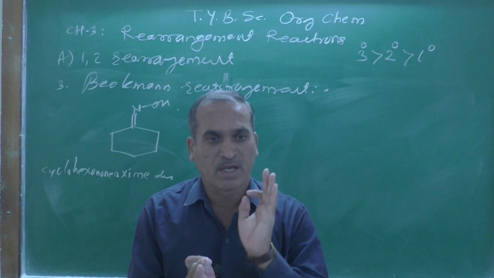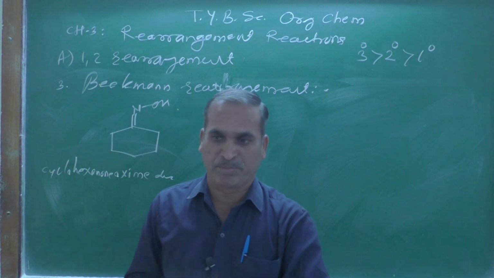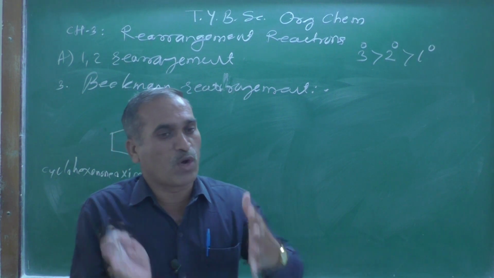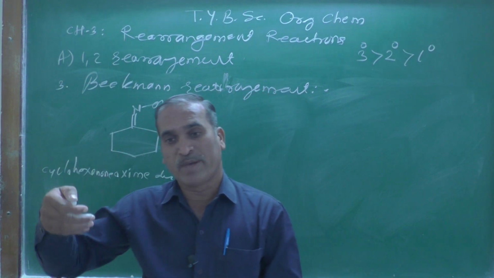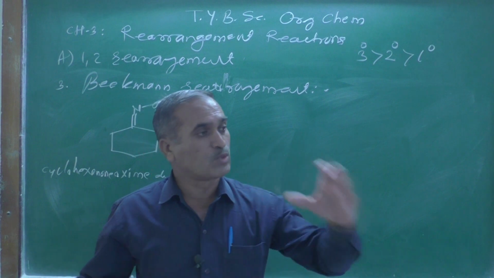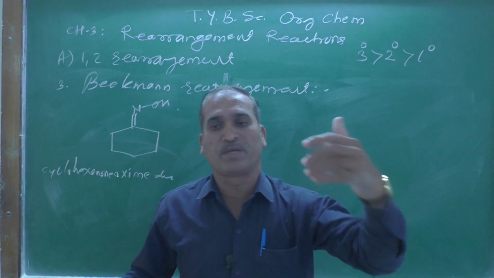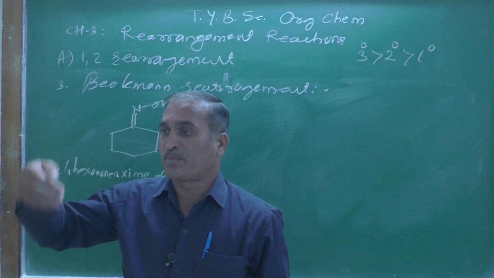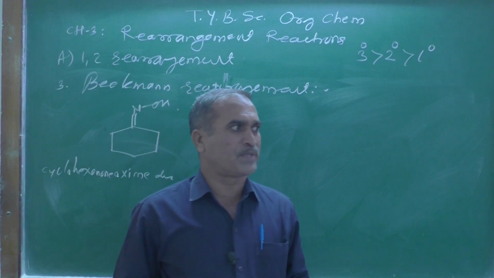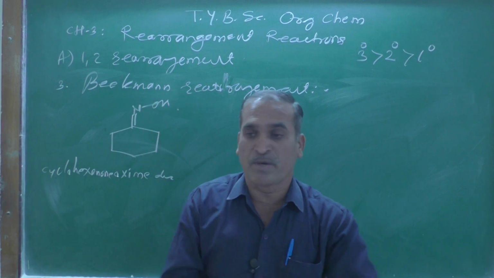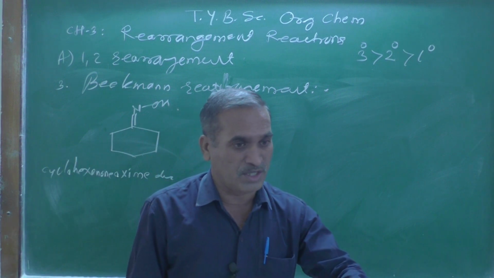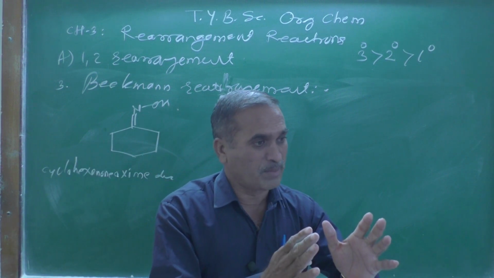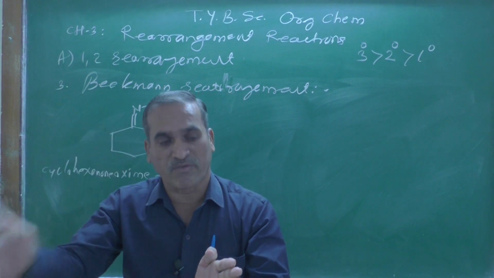They proceed at their optimum pH. What do you mean by that optimum? In industrial chemistry, you might have heard these words: optimum temperature, optimum pressure, optimum pH. Optimum pH means what? The reaction proceeds in an economically best way.